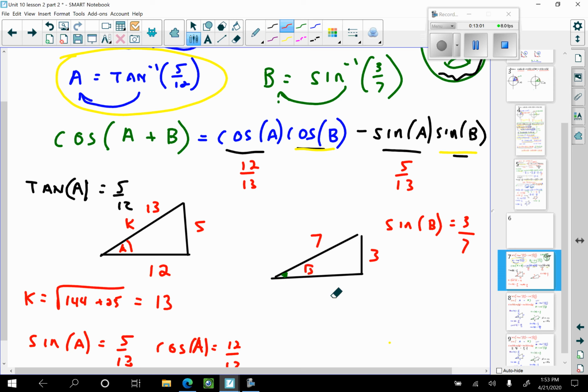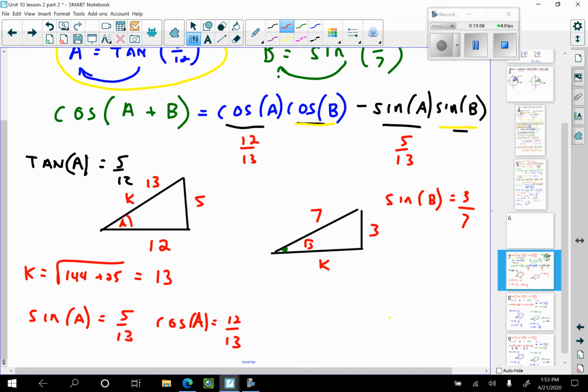And now this is not a Pythagorean triple. So I'm going to have to find K this time. And I do know that K squared plus 3 squared is equal to 7 squared. Therefore, K squared, this is 49 minus 9 is 40. K is going to equal the square root of 40. You can simplify this radical expression if you want. But I'm just going to leave it square root of 40.